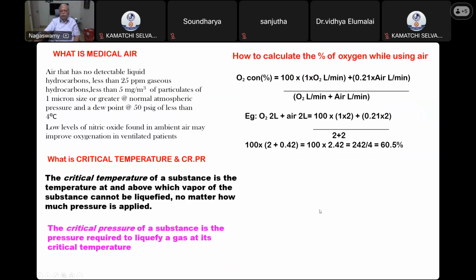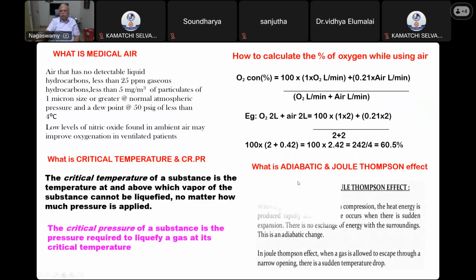Okay. So sometimes they may ask you how to calculate that. And what is adiabatic and Joule-Thomson effect? This is another very frequently asked question on the cylinders. Adiabatic changes and Joule-Thomson effect are when a gas is subjected to sudden compression, the heat energy is produced rapidly, and when you release the compression, the reverse occurs and there is a sudden expansion.